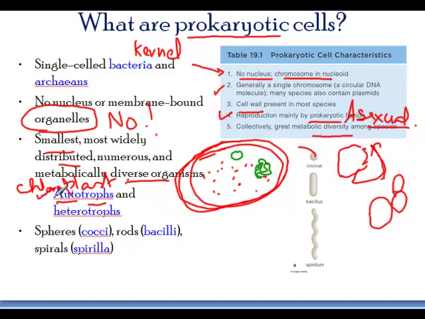I shouldn't really use the word chloroplast, I should use the word chlorophyll, because chloroplast is an organelle, and these cells don't have organelles. And the other kinds of cells could be heterotrophs. Hetero means different. They depend on other food sources.